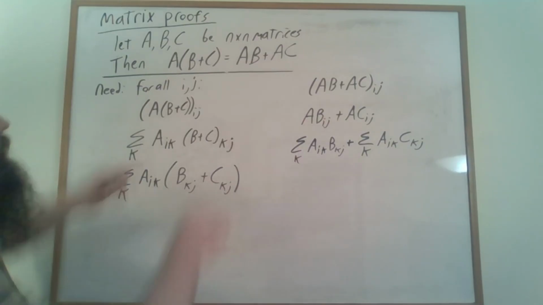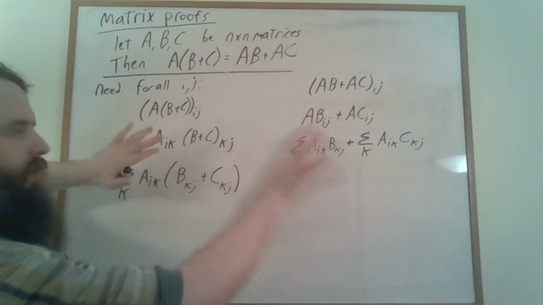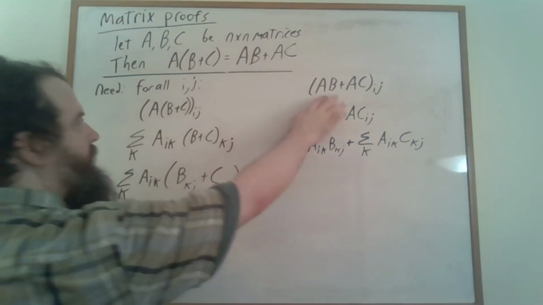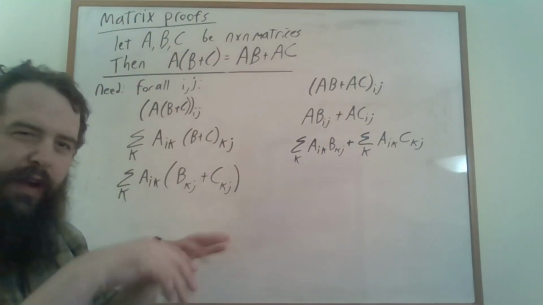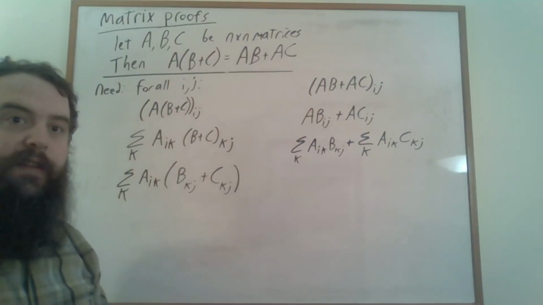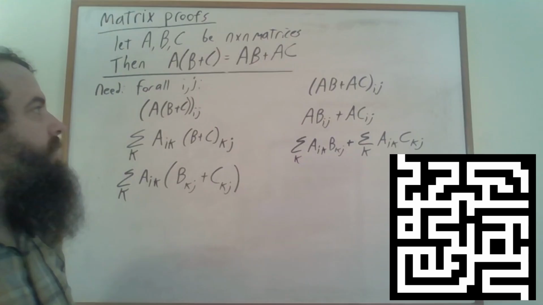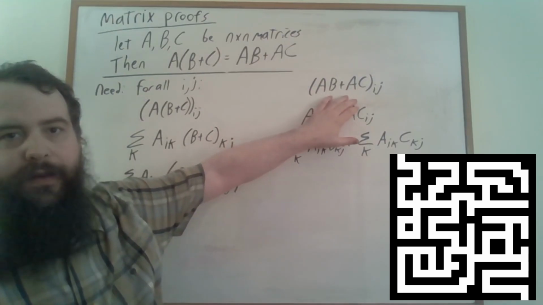We're trying to show that these two things are equal to each other. So we're trying to make our way from here to here by valid algebra steps. We're trying to work our way from a start to a finish through some sort of maze. What we're doing over here is working backwards from the goal.